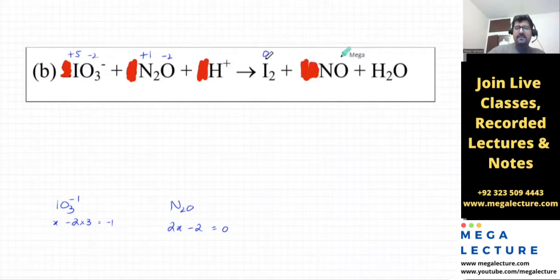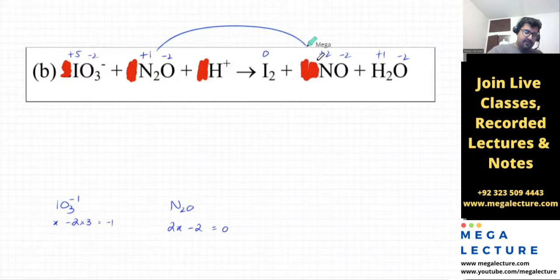NO, what's the oxidation state of N over here? What is N? So this one is +2, okay? -2, +2, it's obvious. -2, H is +1, O is -2. So what happened to N? +1 to +2?